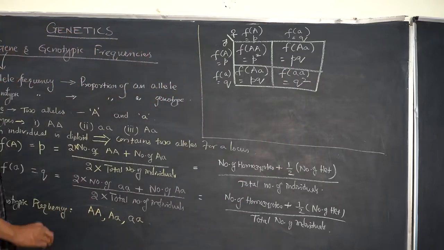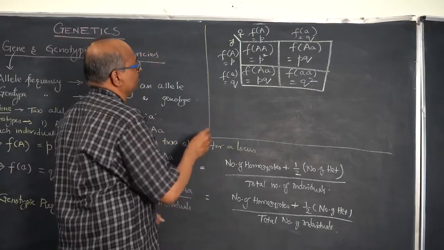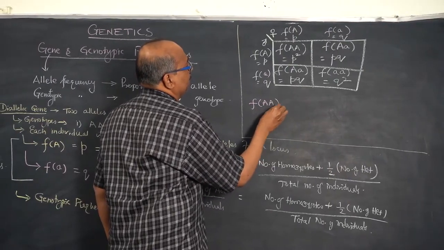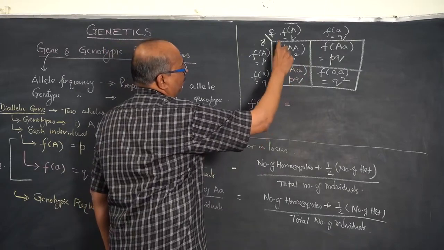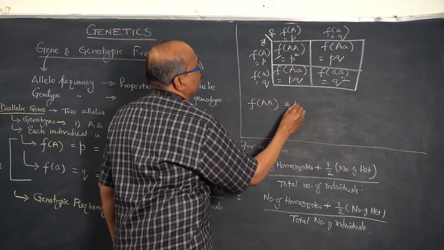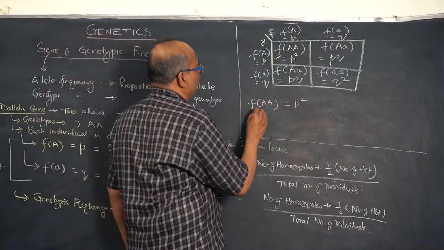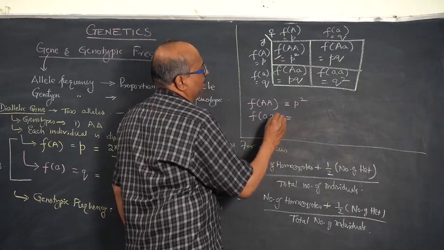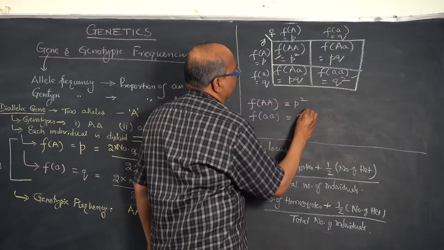So now we got the genotypic frequencies. Frequency of capital A capital A equals this column, which is P square. Frequency of small a small a equals this column, which is Q square.